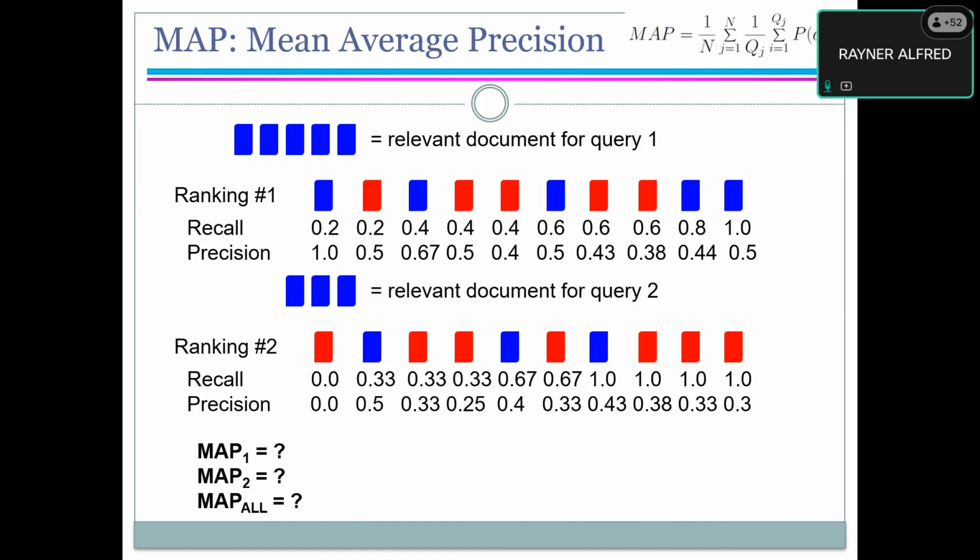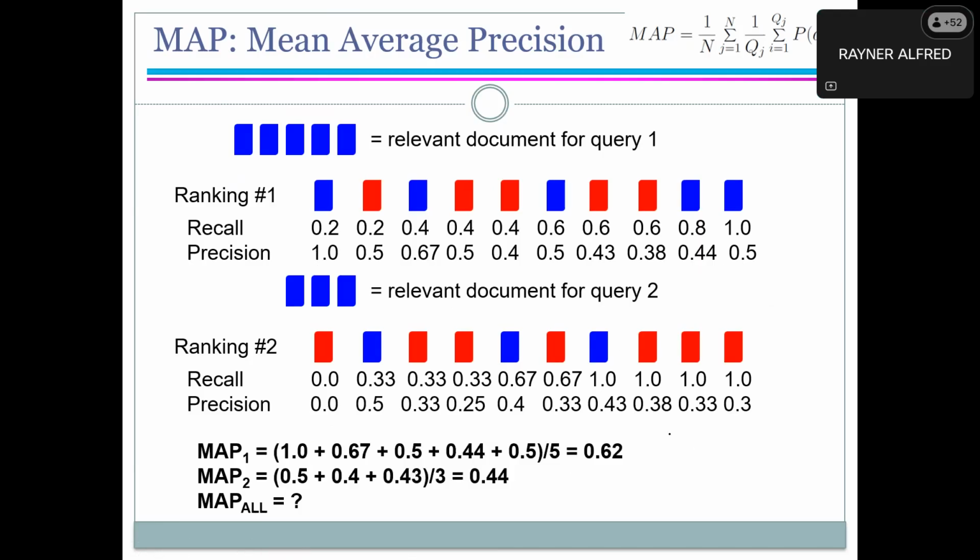Okay, for map 1, we take what? All this precision and divide by 5.